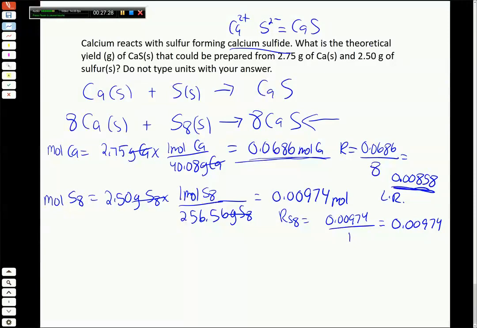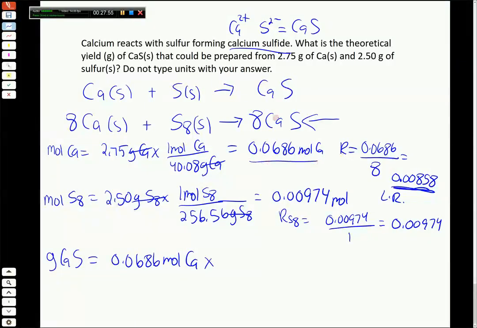And so what we're looking for is the theoretical yield in grams of calcium sulfide. And our limiting reactant is calcium. We have 0.0686 moles of calcium. And since we already have the moles of our limiting reactant, we can now find the moles of product using the coefficients.